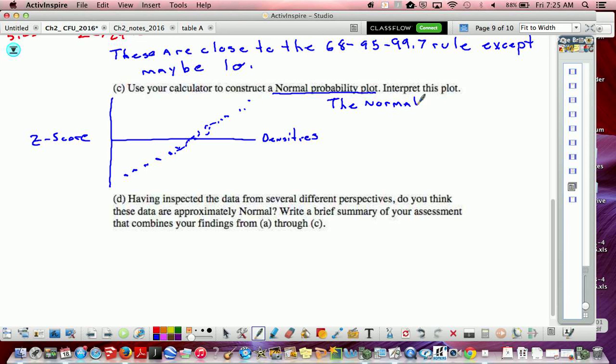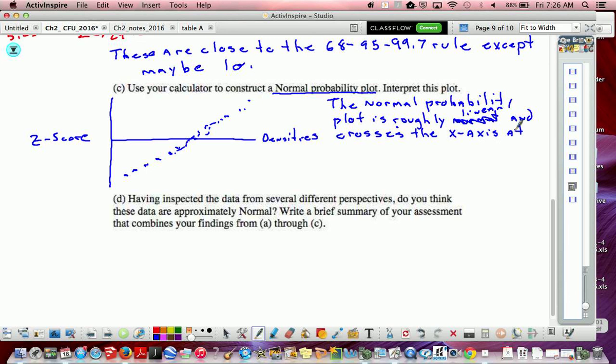So the normal probability plot is roughly linear, and crosses the x-axis at the center.